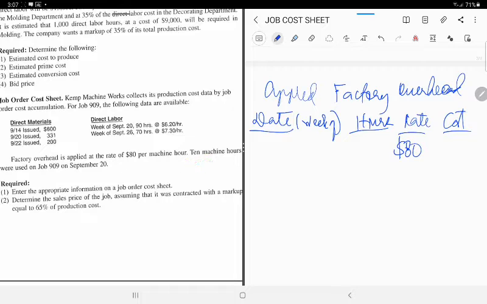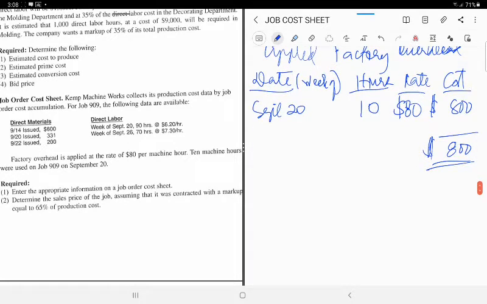And 10 machine hours were used for job 909. So 10 hours as of September 20. 10 times 80 is 800. So the total is 800.